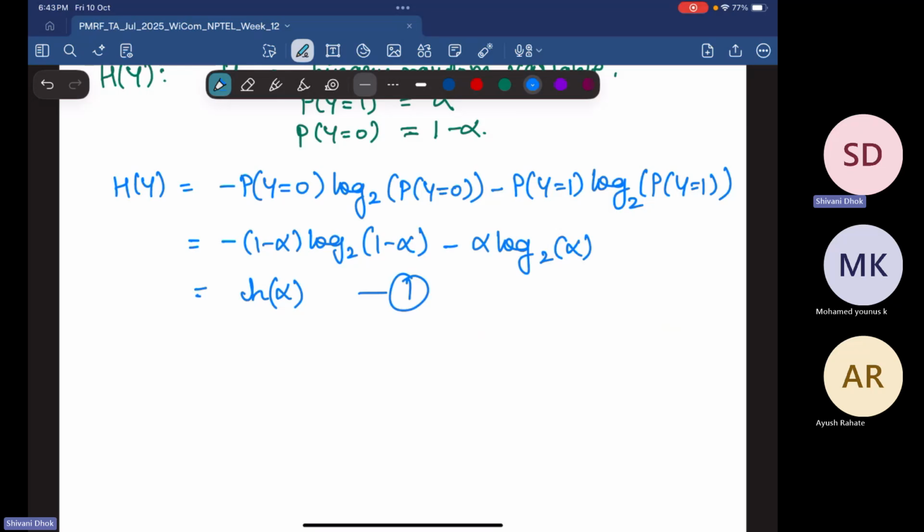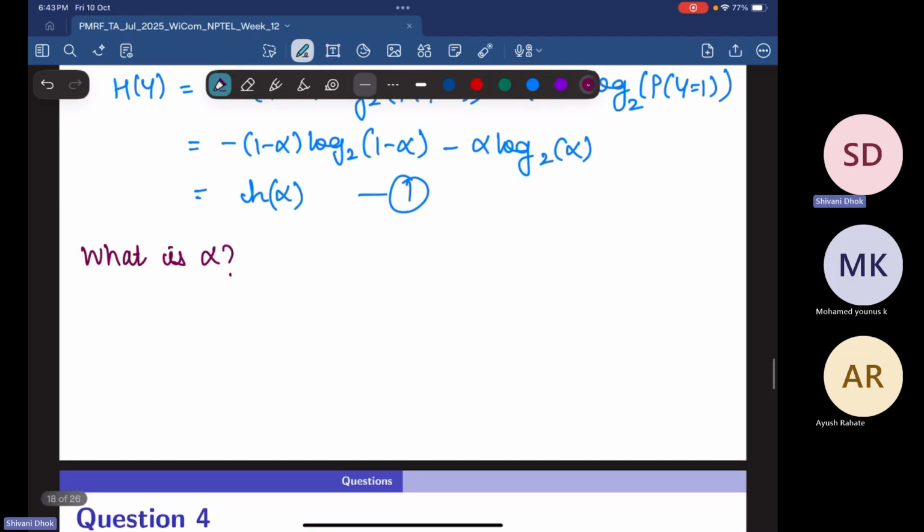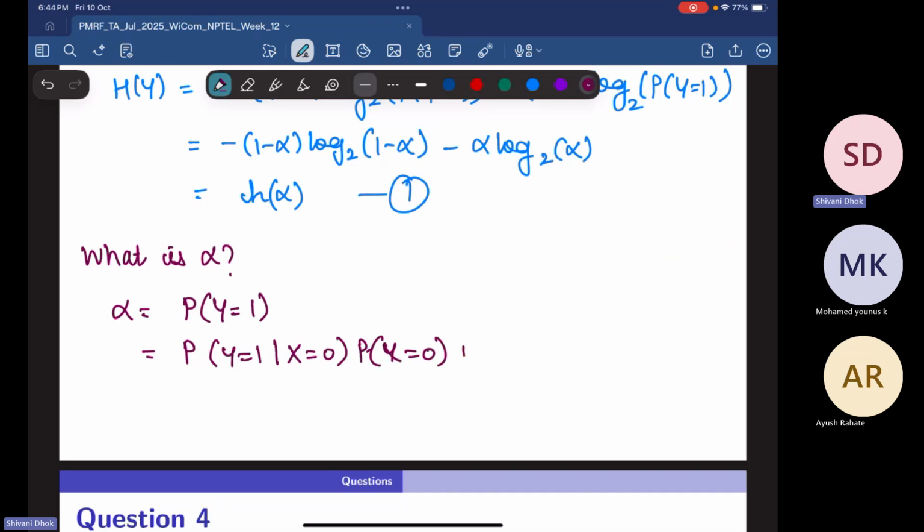Now what is this alpha? This alpha, which we know, is the probability that Y equal to 1. I can write this as the probability of Y equal to 1 given X equal to 0 into the probability of X equal to 0, plus the probability that Y equal to 1 given X equal to 1 into the probability that X equal to 1.